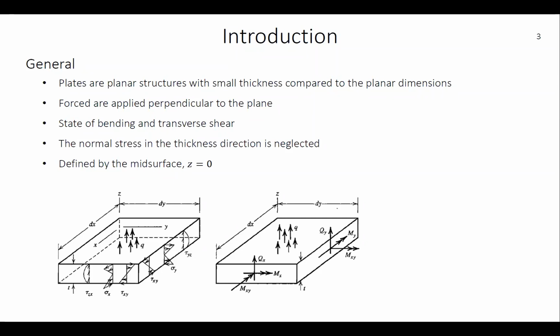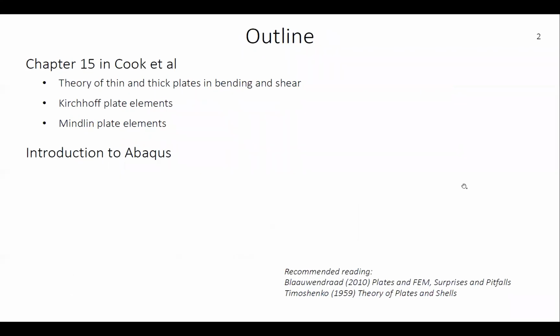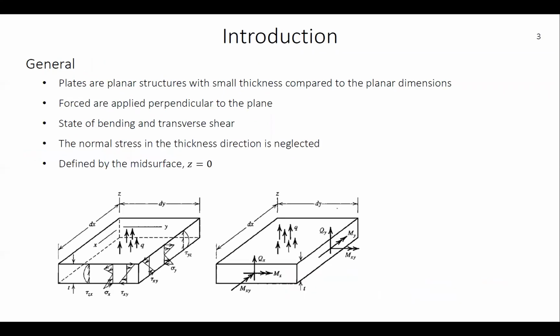And here I'm mostly going to follow the course literature, but also when it comes to the theory, some of the figures and notations are taken from this book, Plates and FEM. So you can also read more in that book if you want to have an extended version of the theory.